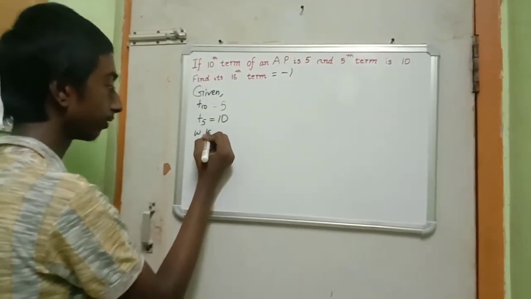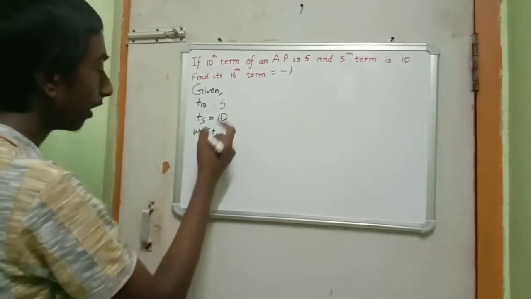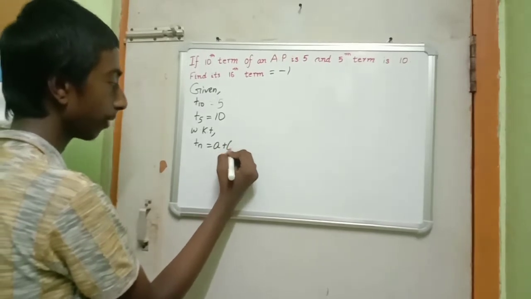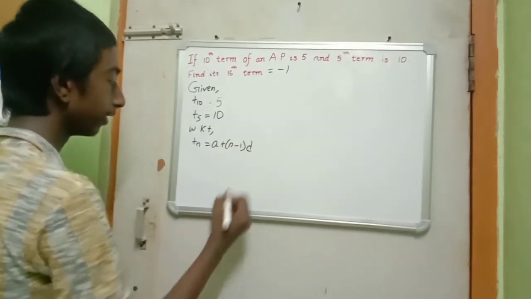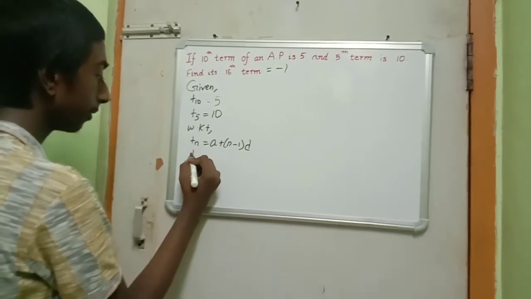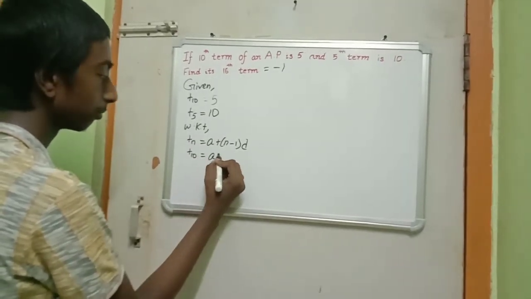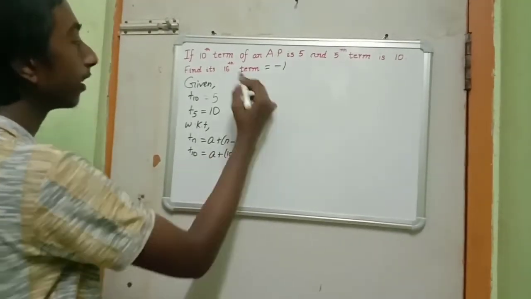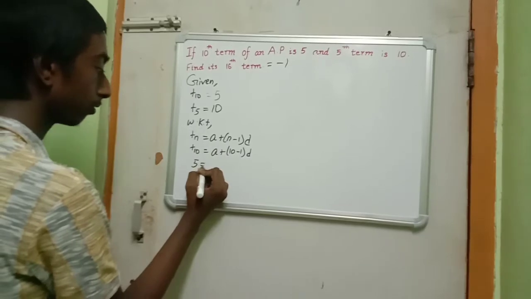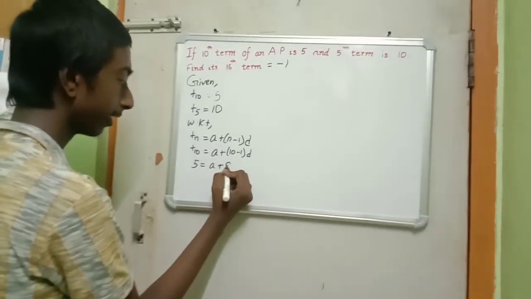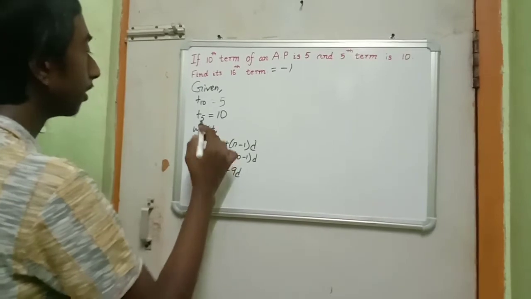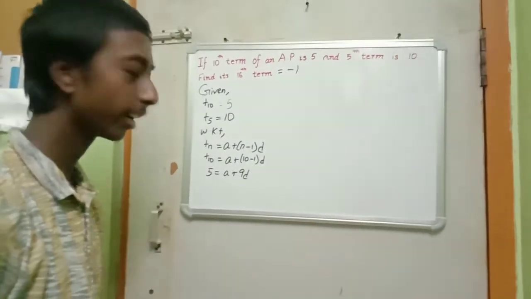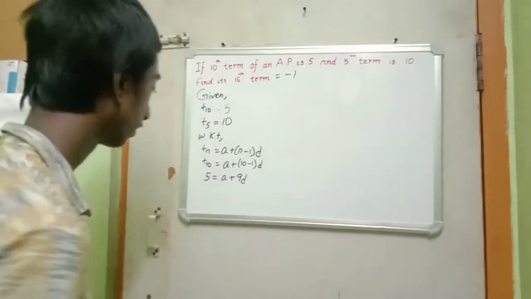We know that Tn equals A plus n minus 1 into D. Here Tn means T10 equals A plus 10 minus 1 into D. Here T10 is given as 5, so 5 equals A plus 9D. A is the first term of the AP and D is the common difference.